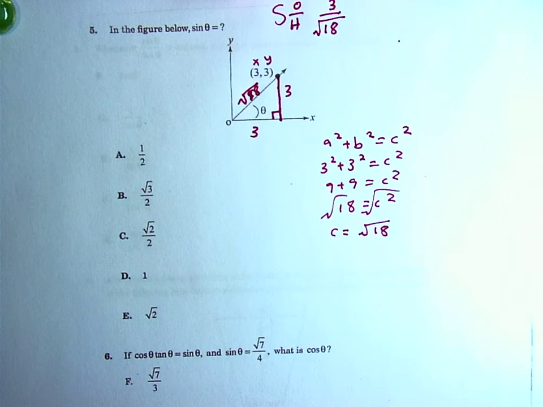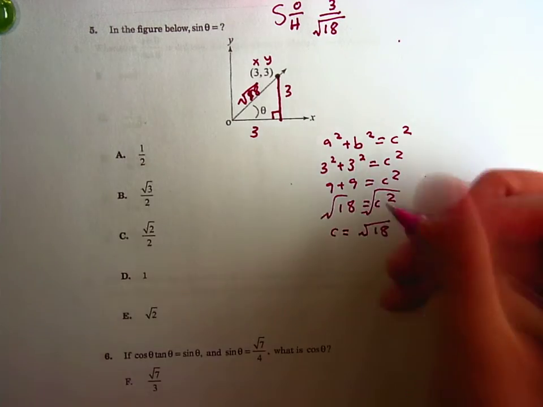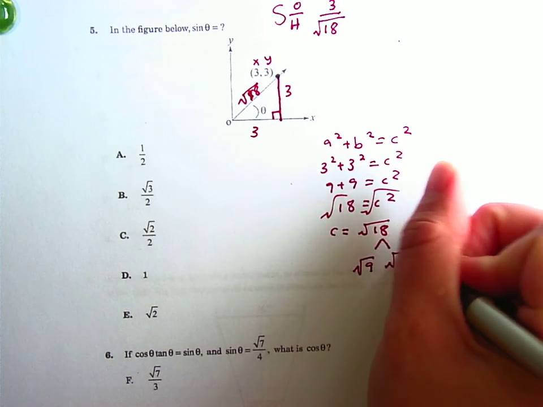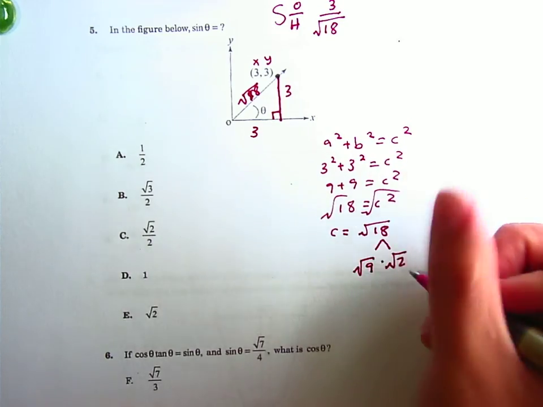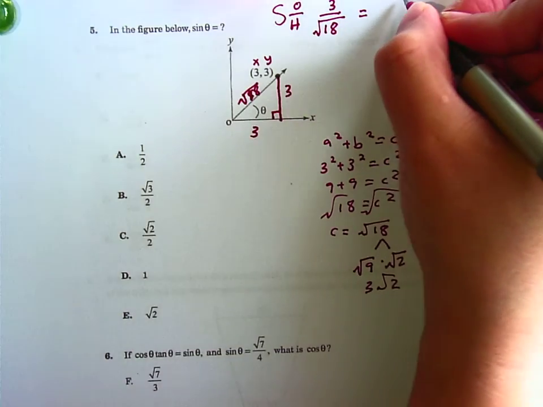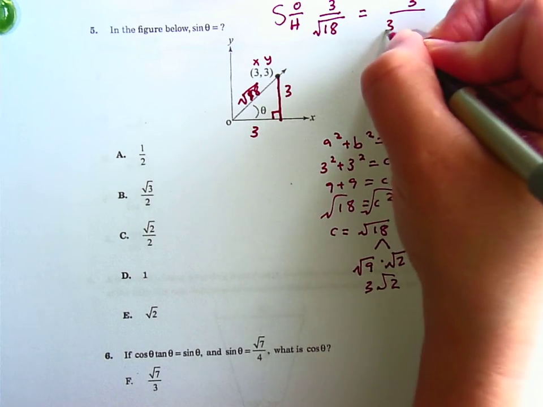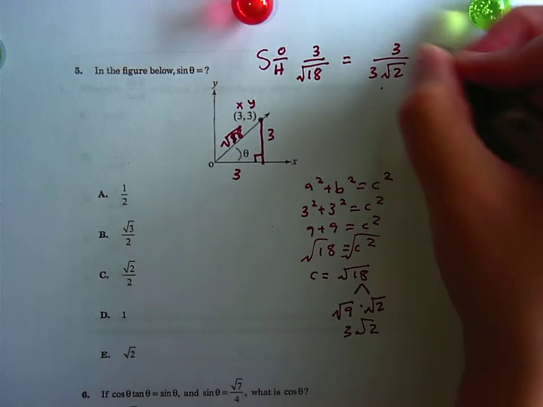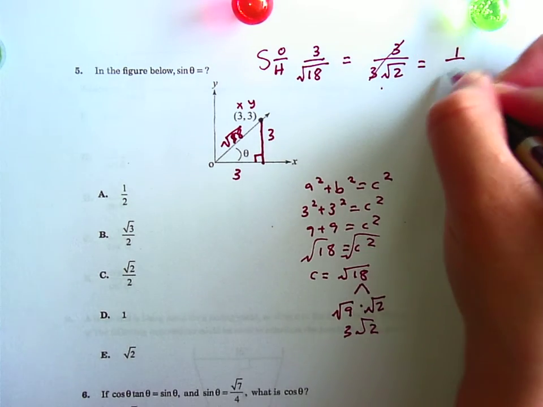The square root of 18 can be broken down a little bit. It can be the perfect square 9 times 2, so 9 times 2 is 18, that makes 3 square roots of 2. So I'm going to break it down to 3 over 3 square roots of 2, which leaves us with them canceling out. You end up with 1 over the square root of 2.